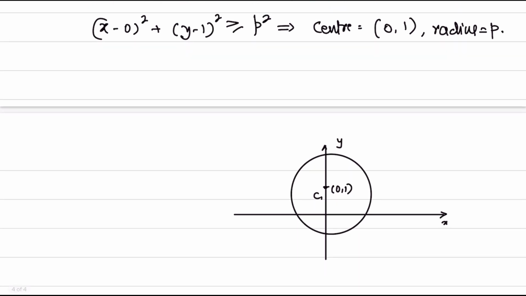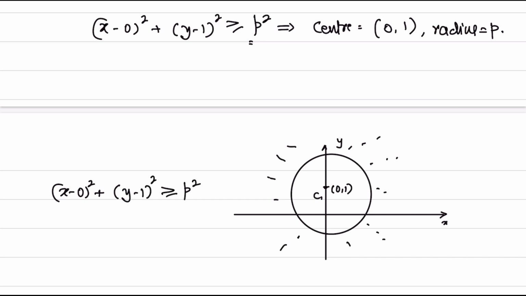And beyond that, the area defined by x minus 0 whole square plus y minus 1 whole square greater than or equal to p square is denoted by this. This is radius p.